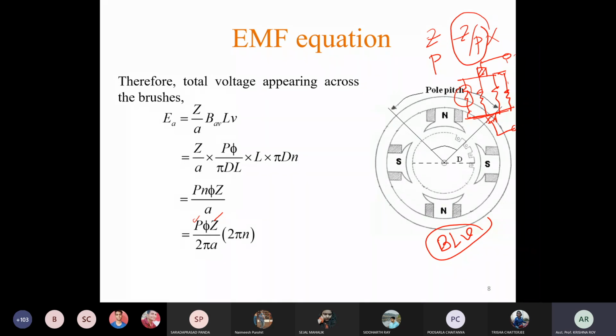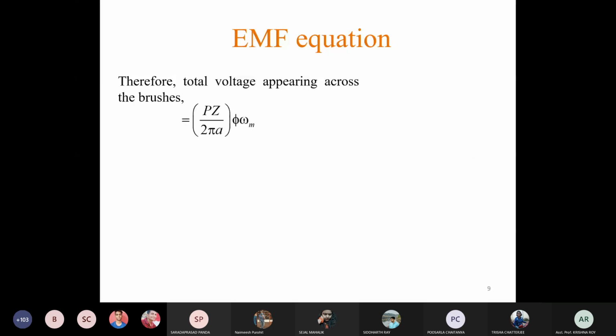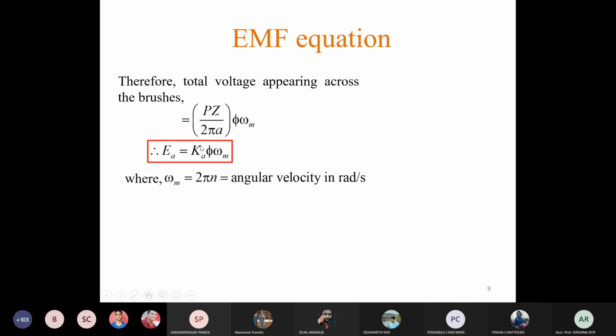So Pz by 2 pi a is actually a constant, and 2 pi n is nothing but omega m, the mechanical angular velocity. So we can express it like this: Pz by 2 pi a into phi omega m. Pz by 2 pi a is denoted by the symbol Ka, which is known as the armature constant, and that is a constant for a given machine.